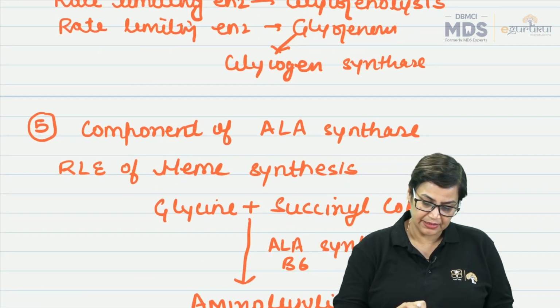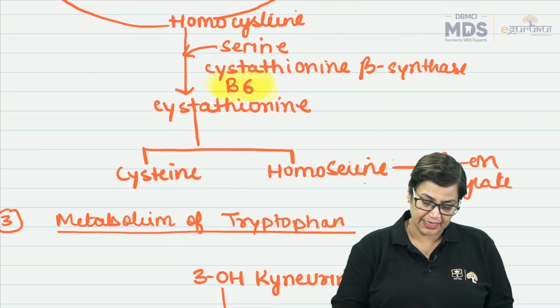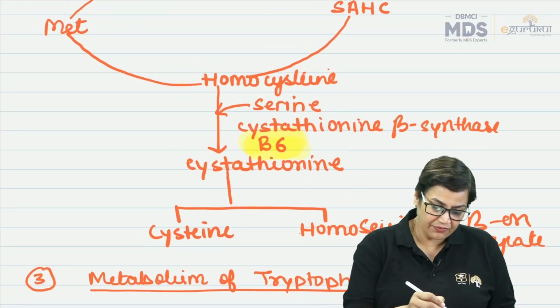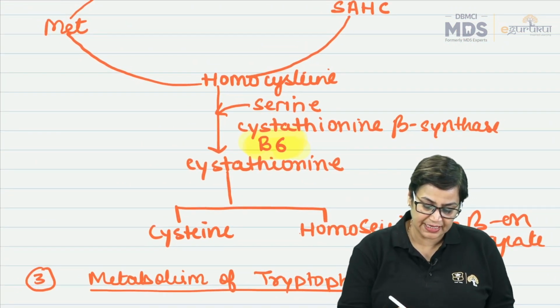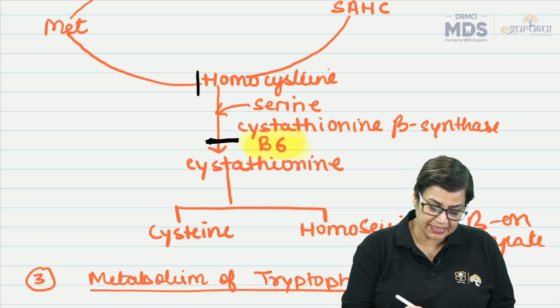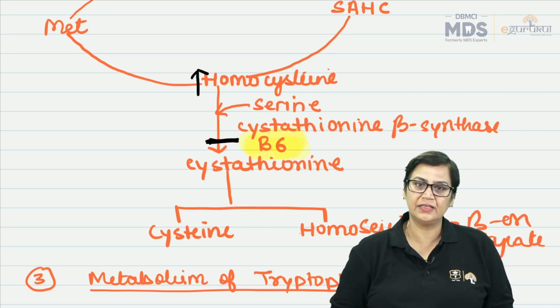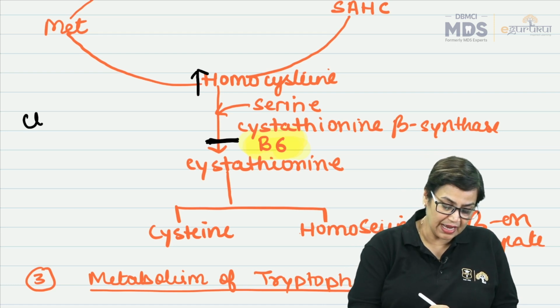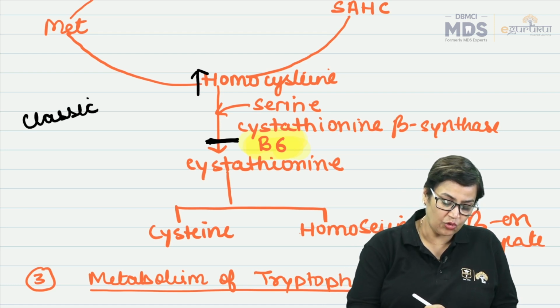Moving on to the second one. Second क्या था? Second was this. Now, if I say B6 is absent, what will happen? There will be increased concentration of homocysteine, and this leads to classic homocystinuria.